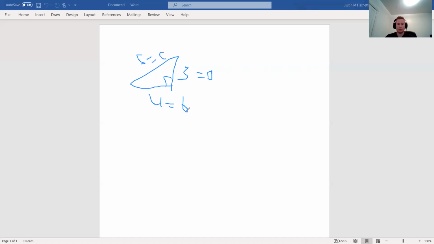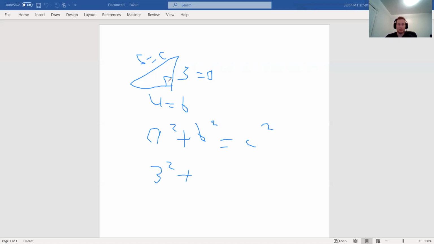Remember, the Pythagorean theorem is A squared plus B squared equals C squared. A, we said, is 3. We'll leave the squared there because the 3 is not A squared, 3 is just A on its own.